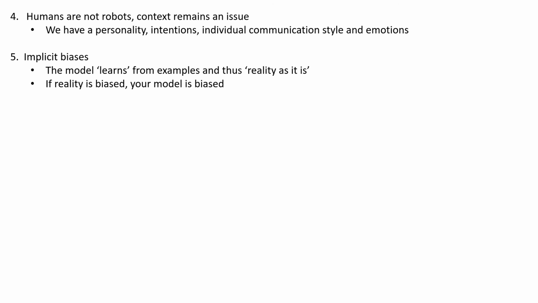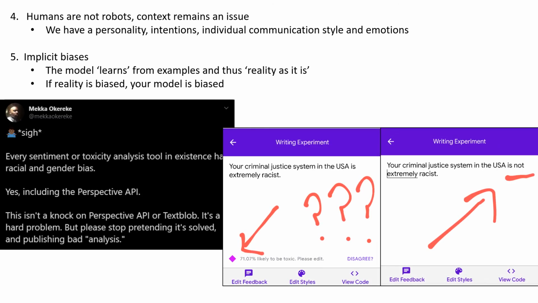And this goes for every classifier as well, also within NLP fields. So if reality is biased, your model is biased. And I have a good example of this. I came across this on Twitter a couple of days ago. What you see here in the right corner is the output of the Perspective API.